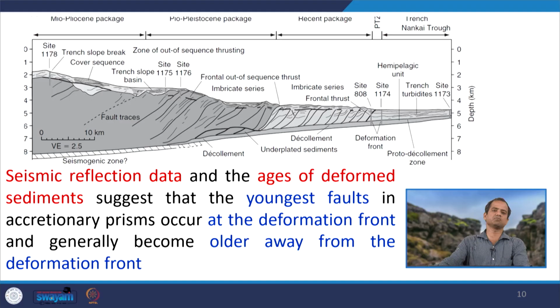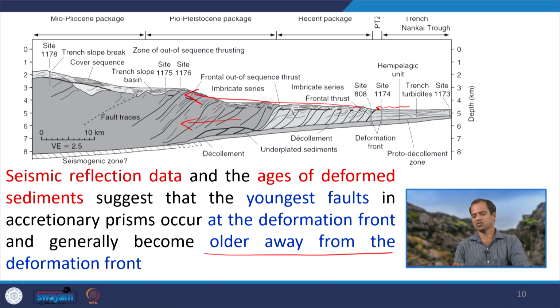The seismic reflection data and the age of the deformed sediment suggest that the youngest fault is in the front part of the accretionary prism, and as you move from the deformation front, older thrusts are generated. The thrusts become older as you move from the front of the system to the inside of the system.